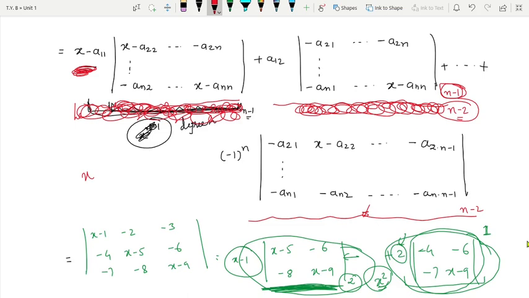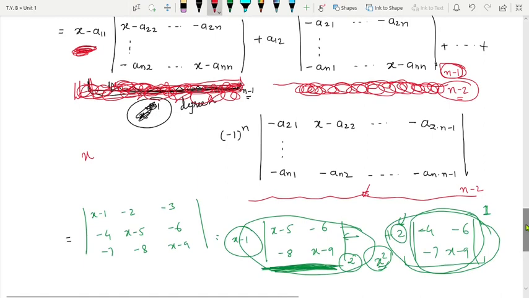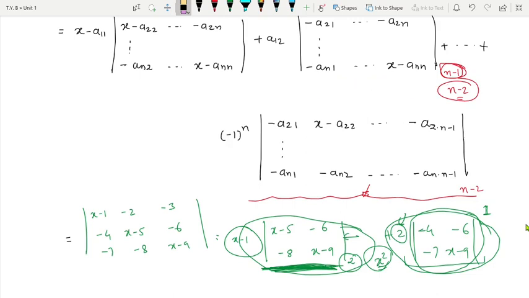And where is it going to appear? It is going to appear over here only, right, in the first term itself. So therefore we are going to get the coefficient of x to the power n to be 1, and therefore the polynomial is going to be monic. Just I will erase it out.